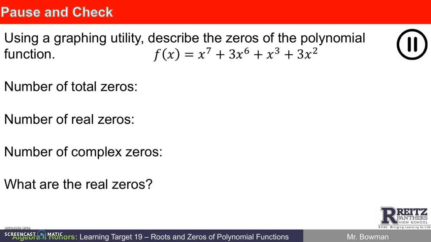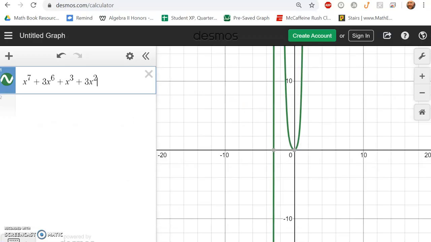Let's check this out. Let's look at a graph of this on Desmos. Before I do, I know the number of total zeros. There are 7 zeros total. How do I know? Well, it's a 7th degree polynomial. But how many of them are real? The graph of the polynomial function shows only these 2, -3 and 0. 0 is a double root. So 1 and 2, 3.